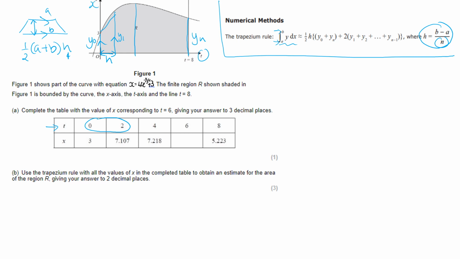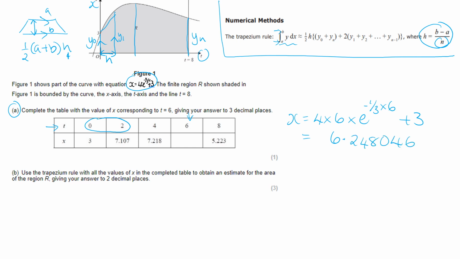But all we need to do for part A is fill in the table and use the equation to get what x is when t is 6. So x is going to equal 4 times t, which is 6, times e to the minus 1/3 times t, which is 6, and then plus 3. If you do all that on your calculator, out will come 6.248046.